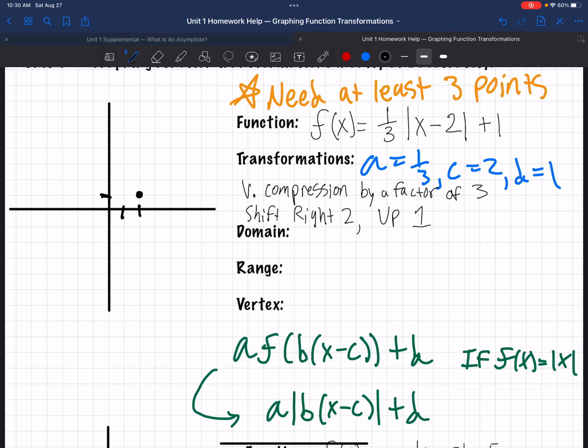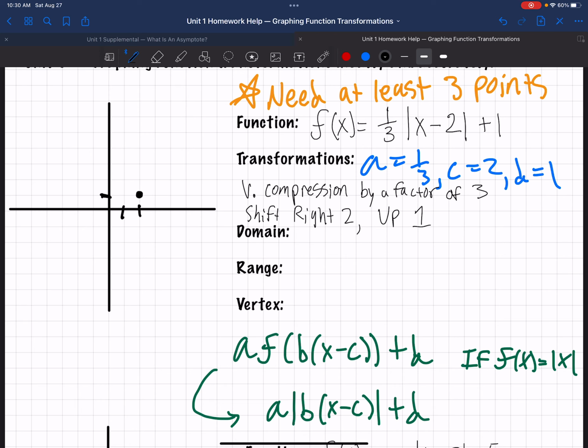Now, how do I find more points? Well, you plug in things. And you just plug in things until you get points you like, all right? Now, this first one I picked is to be particularly tricky because that 1/3 does not play nicely.